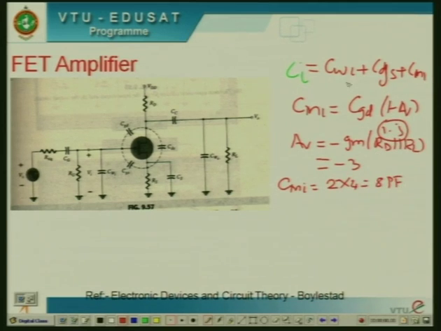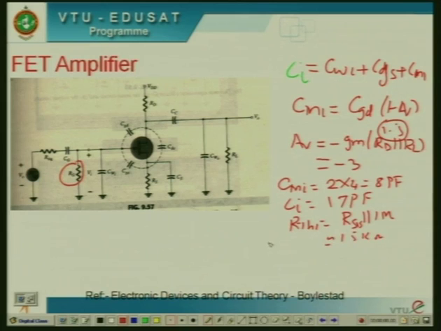If you substitute Cwi, Cgs and Cmi, then the input capacitance Ci is equal to 17 picofarad, and RTHI is nothing but the parallel combination of Rsignal in parallel with 1 mega, which is the Rg value. These two are in parallel. Substituting these values, this is approximately equal to 1.5 kilo ohm.